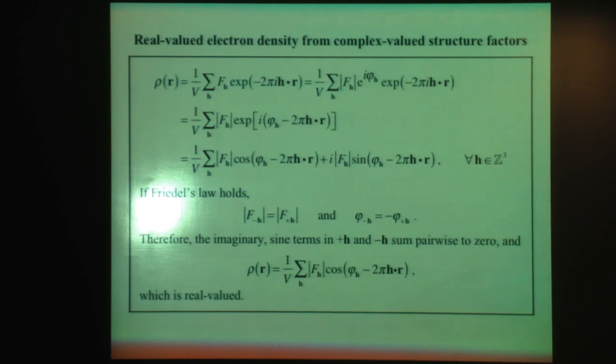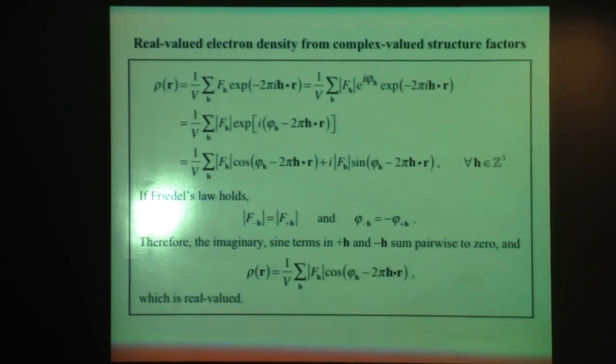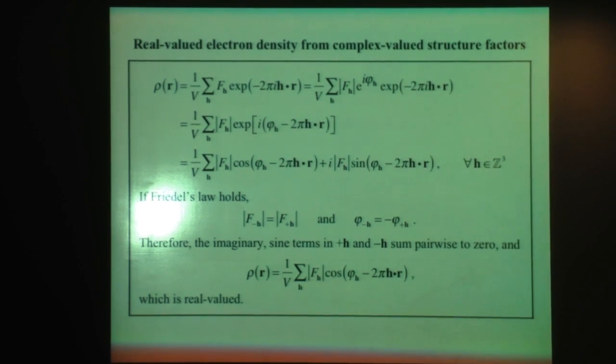Here is this point about the fact that complex valued structure factors still give us real valued electron densities. So we have seen that this is our home expression, so to speak, for the electron density distribution. And we can express the, in general, complex valued structure factor in this way.